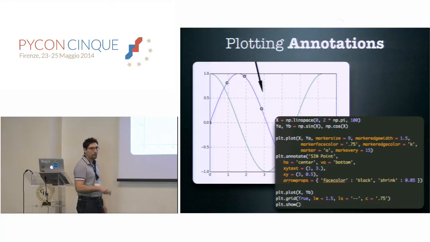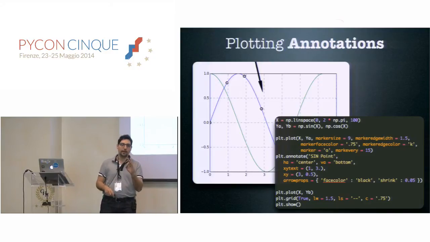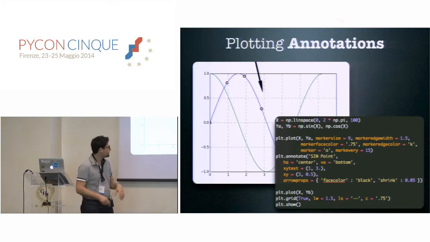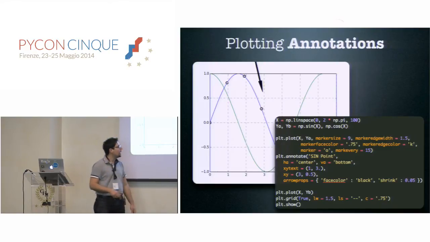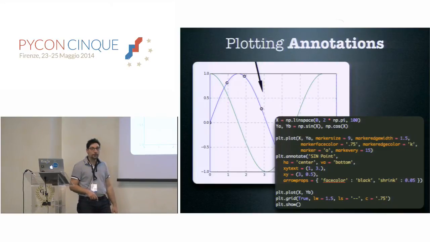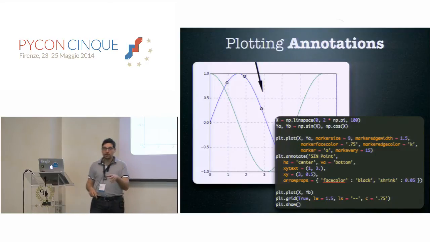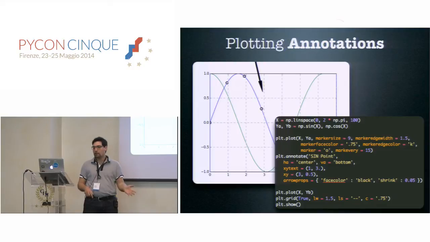Marker O specifies the shape of the marker. O means a circle. There are different kinds of markers, and the documentation about this is very good. Matplotlib has a very good documentation, with a lot of examples, a lot of nice stuff showing you how it works.